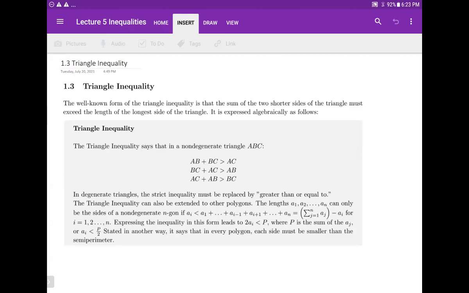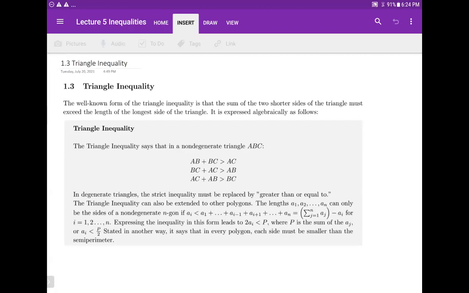The triangle inequality can also be extended to other polygons. So if the lengths of a non-degenerate n-gon are a sub 1 through a sub n, sorry, it's only possible if, well, in shorter terms, basically, in every polygon, each side must be smaller than the semiperimeter.